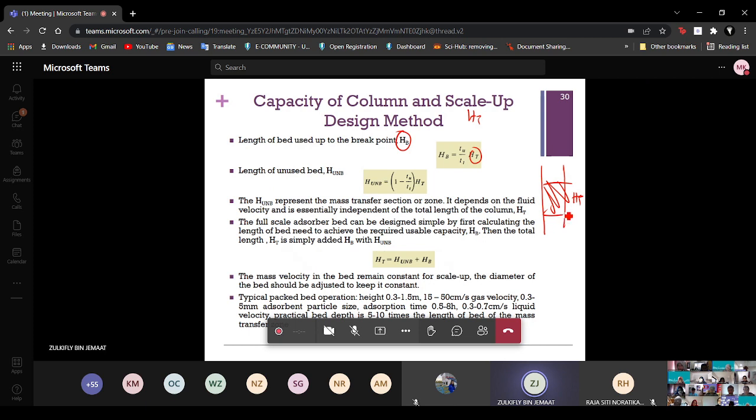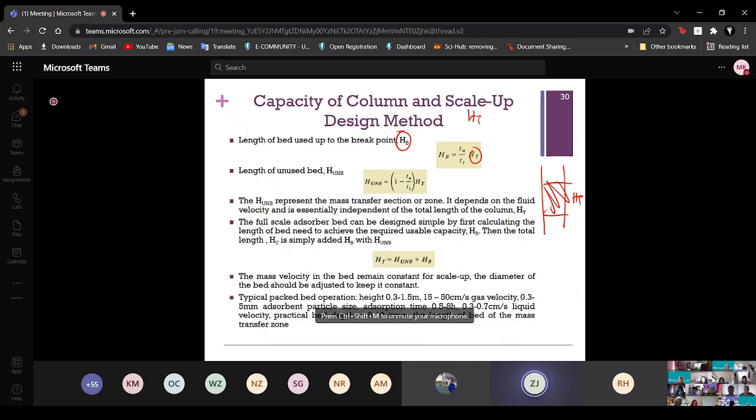Alright. So to conduct this experiment, typically when you have your bed, you just try to have your bed at certain height. Biasanya you akan try dulu because this is trial and error, and later on you will recalculate. Okay, when you recalculate you know that, oh, exactly the HB is going to be what value, HU and B is what value. Then from there you will do the scaling up. Okay, that is easiest way lah normally.